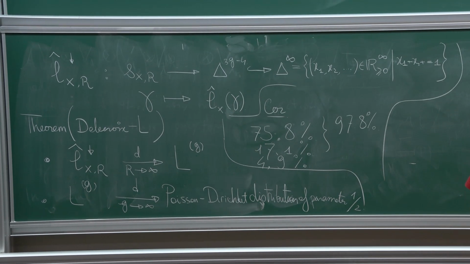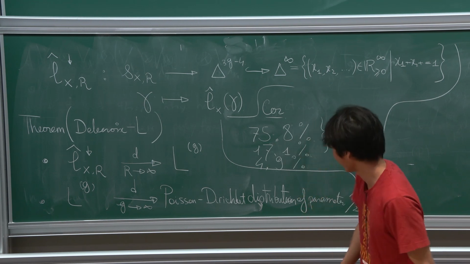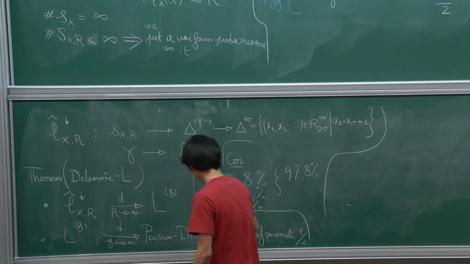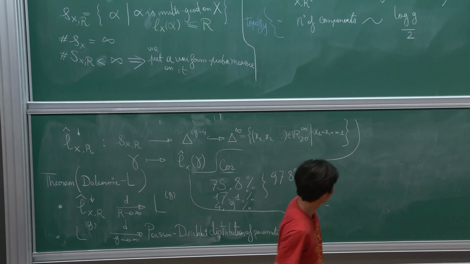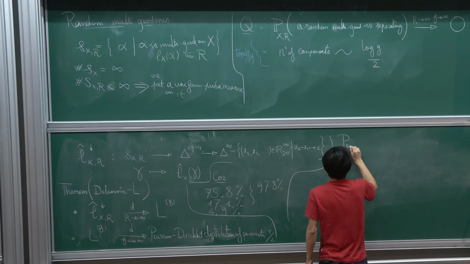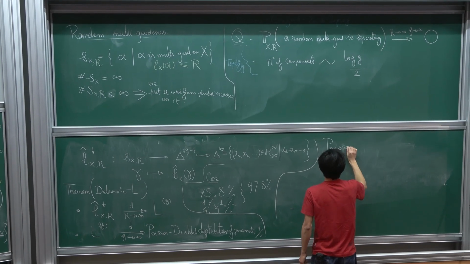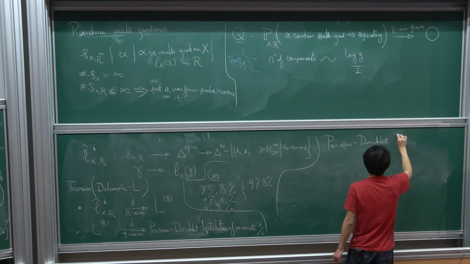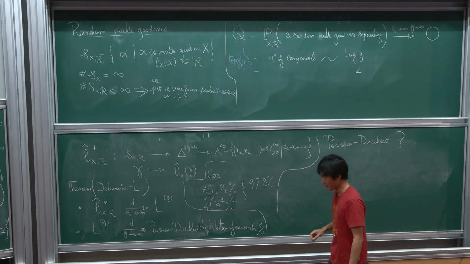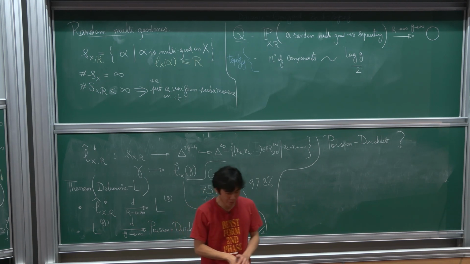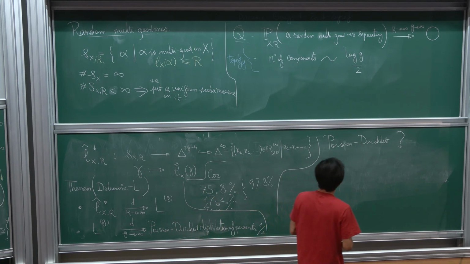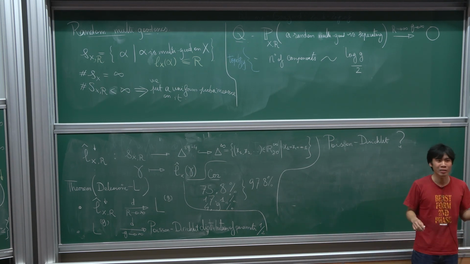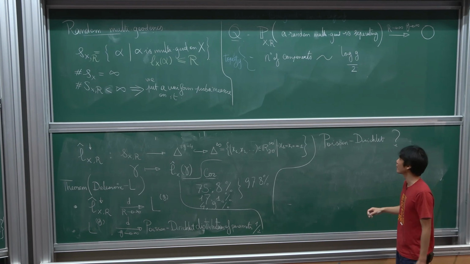But I think now all of you may have the question: so what is this guy? What is a Poisson Dirichlet distribution? This is quite a funny distribution in the sense that it's quite universal, that you see it in many places, and it can be defined in various ways.